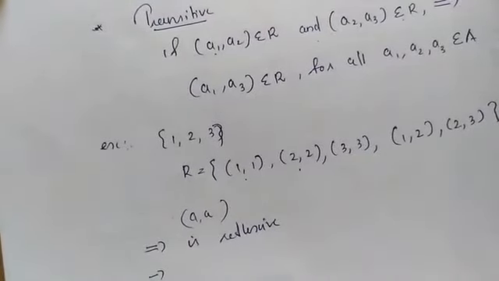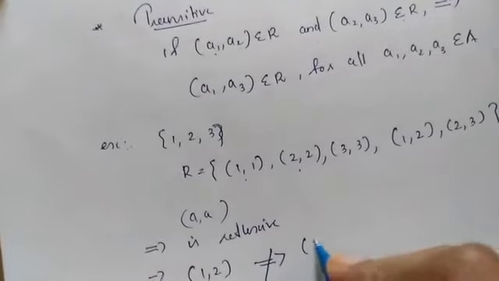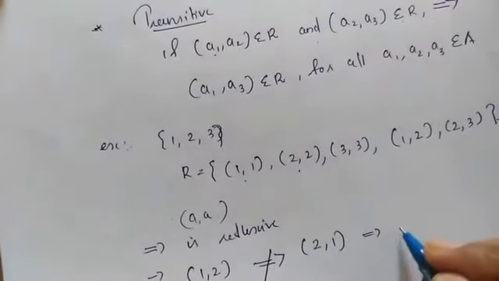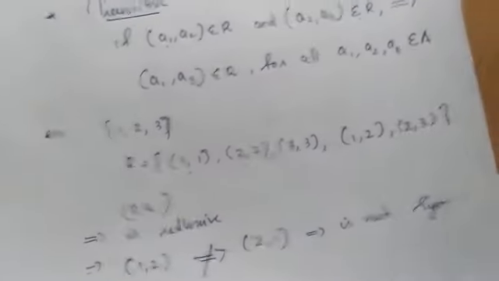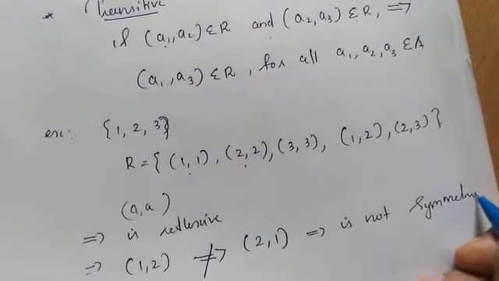But for symmetric, (1, 2) is present, but there is no (2, 1), hence it is not symmetric.